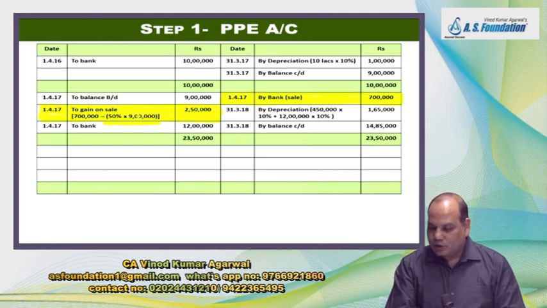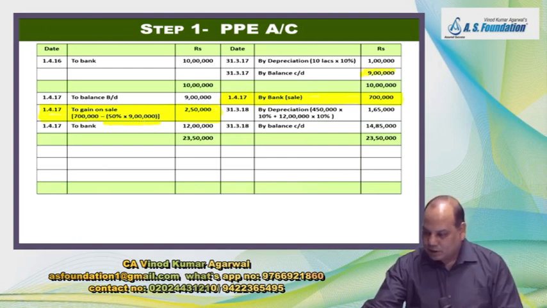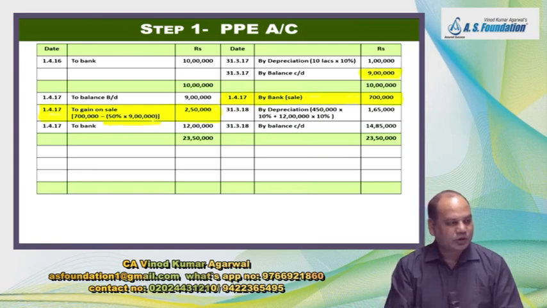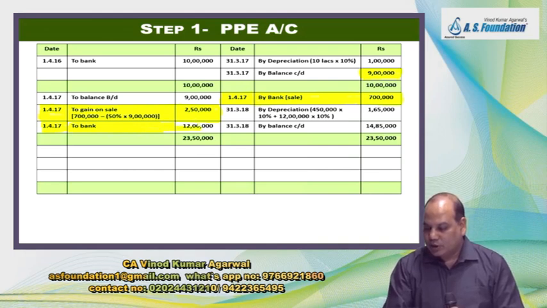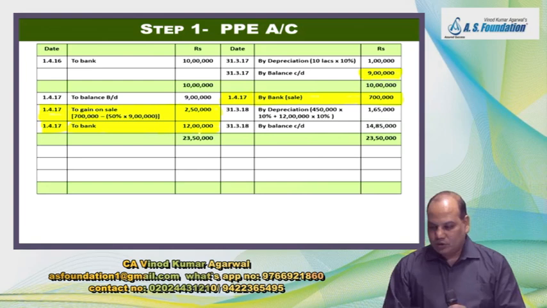We are following the WDV method. Opening balance is 9 lakh. Half of it has been sold, which means 50% of 9 lakh was the carrying amount. So how much is the profit you are getting? 2,50,000. And then you write 1/4/17 again. To bank, in brackets purchase, 12 lakh.